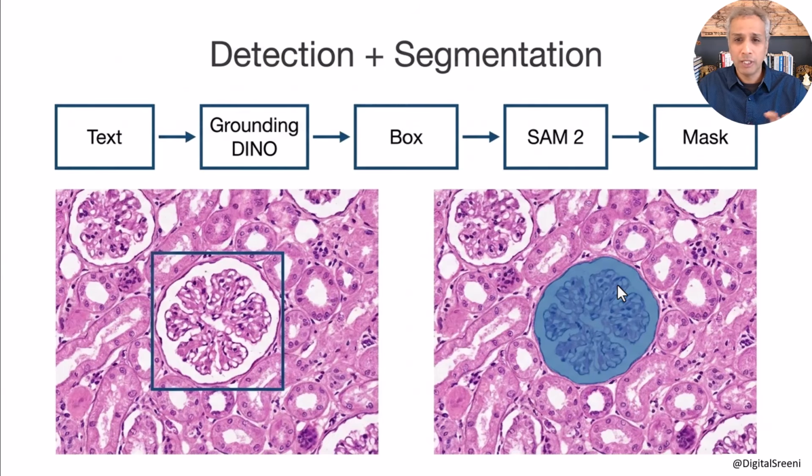And the result that you have is, like you see down here, just a mask, right? On the left, the loose bounding box from Grounding DINO, and on the right hand side, SAM2's actual boundary for the entire glomerulus. And this is what we'll do in the second tutorial after this one.